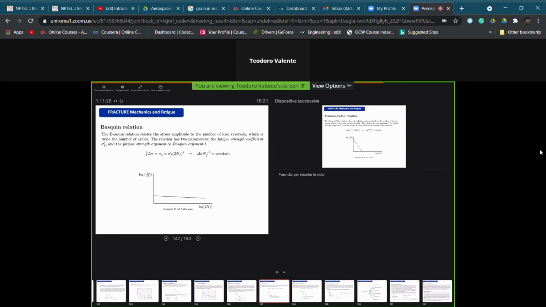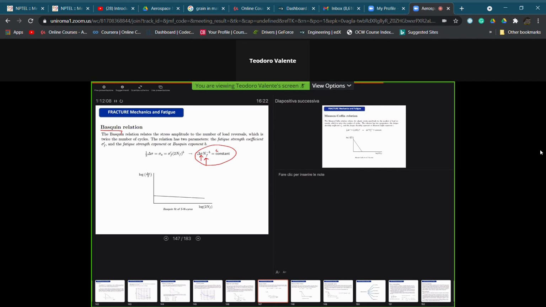In the case of high cycle fatigue, there is a basic relation, which is the so-called Basquin relationship, for which we can say that the amplitude, as it is defined for a fatigue load, you see here delta sigma, multiplied by the number of cycles to failure to an exponent b, which is also called the Basquin exponent, is constant.